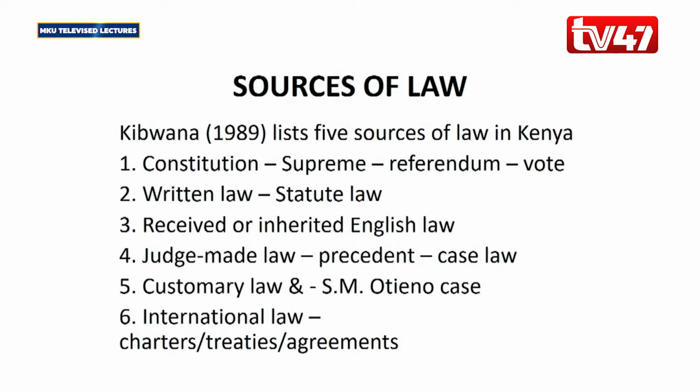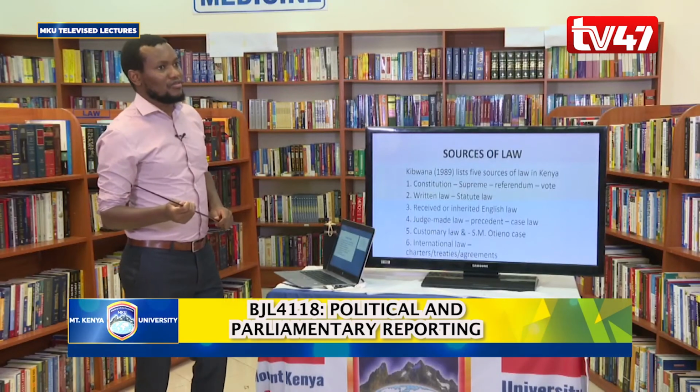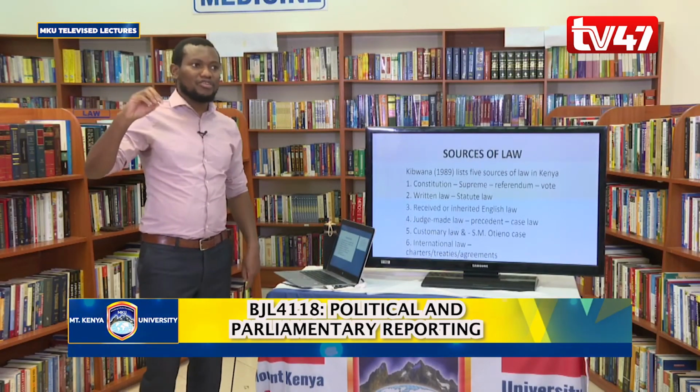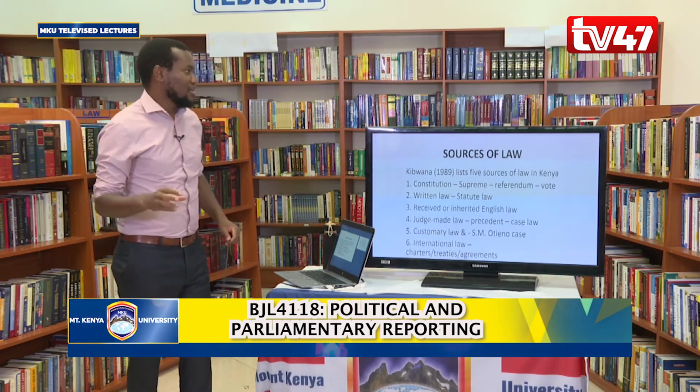Because parliament is just one of those sources of law, when we are reporting issues to do with politics and parliament, we don't report this in isolation, but we understand the entire ecology of how law is made.